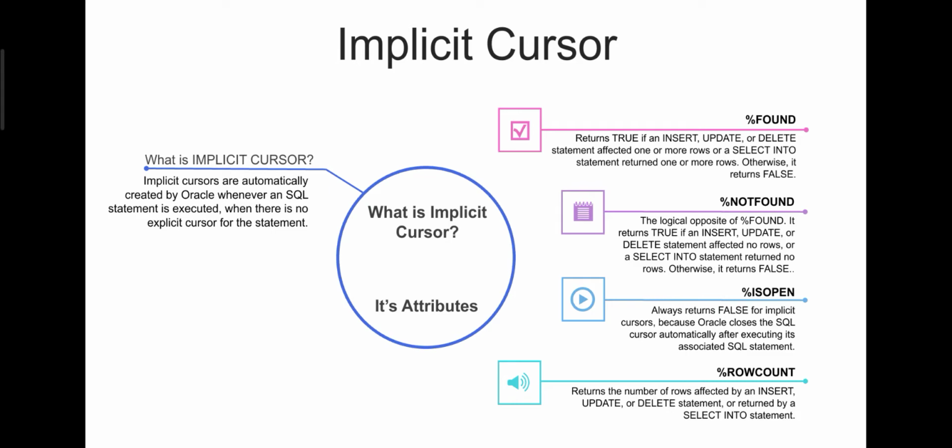Now, these are the four attributes of implicit cursors: %FOUND, %NOTFOUND, %ISOPEN and %ROWCOUNT. In simple words, %FOUND returns true if the records fetched by the cursor are successful, else false.